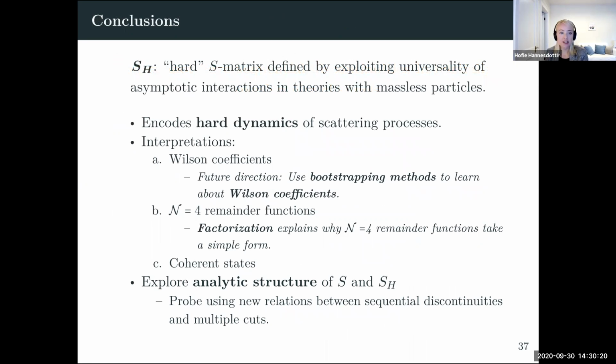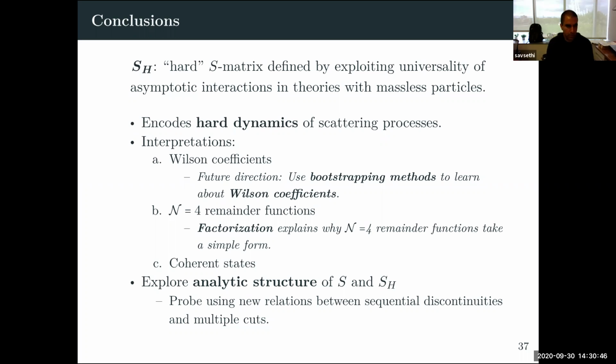So we've discussed the hard S-matrix definition, which we define by exploiting the universality of asymptotic interactions in theories with massless particles. And this hard S-matrix encodes the hard dynamics of the scattering process and has three possible interpretations that we know of, namely as Wilson coefficients, as remainder functions in N=4, or as coherent states.